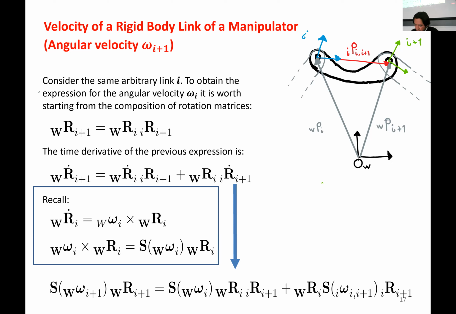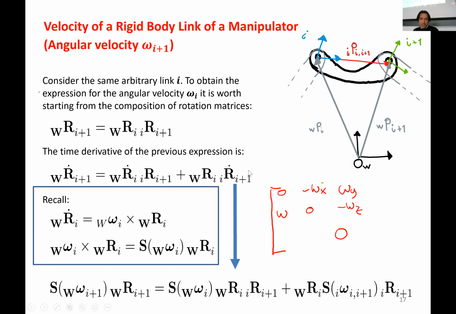Yes, so the skew symmetric matrix is like this. You have zeros on the diagonal, then you have minus omega x, omega y, minus omega z. Double check, I'm not sure. Maybe omega z is in the second.